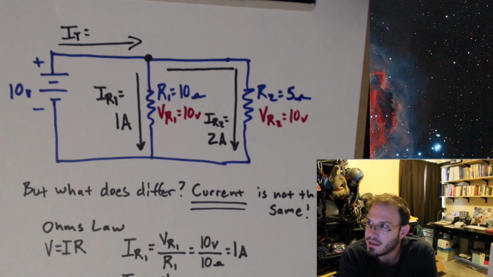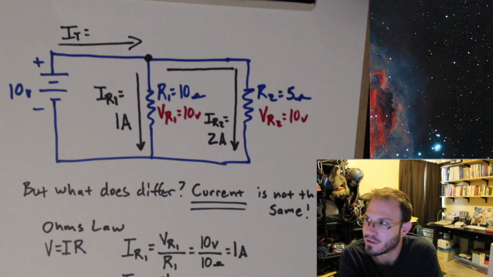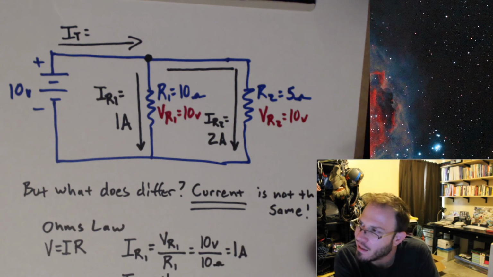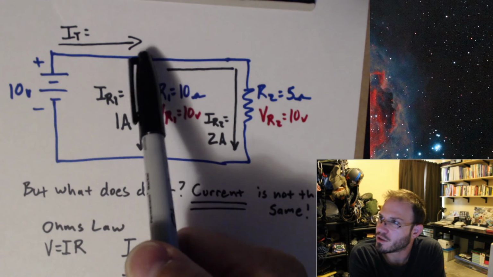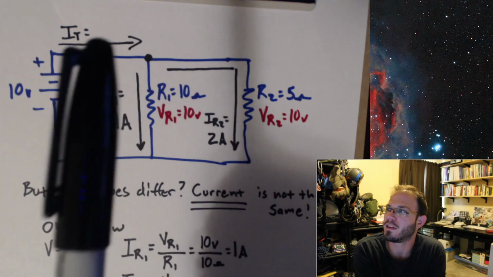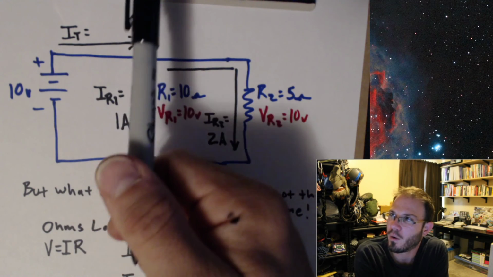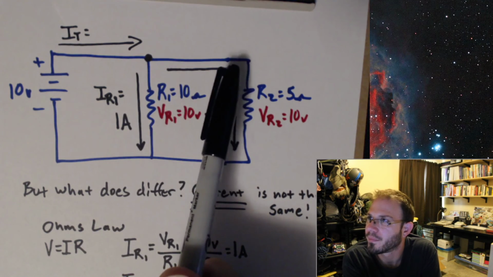This is an idea of conservation of charge. I cannot lose electrons and I cannot gain electrons in this circuit, meaning I cannot lose electrons when it splits. There's no electrons flying off of the wires. There's no electrons flying off of this paper. There's no electrons going up. The electrons have to go through this wire.